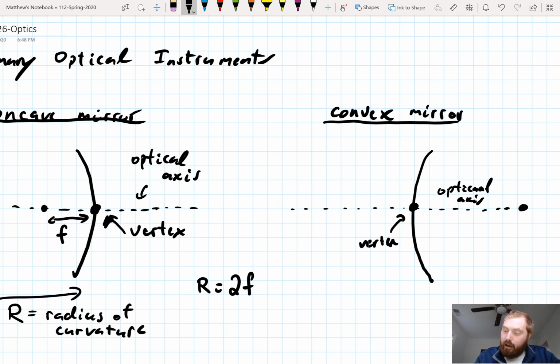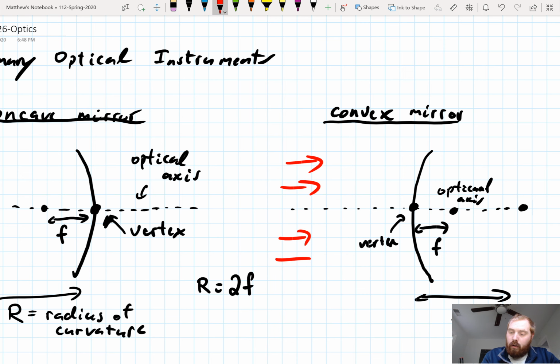And we can have the radius of curvature of this mirror. It similarly has a focal length. Same thing, the radius is just double the focal length. And once again, we'll be shooting rays in like so and seeing how they reflect off of this mirror.